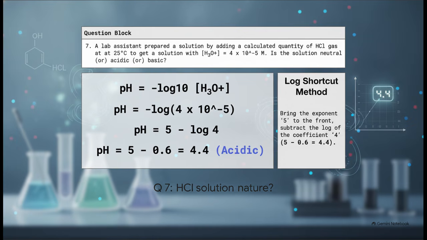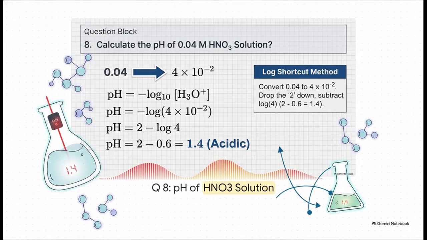Log shortcut method. Bring the exponent 5 to the front, subtract the log of the coefficient 4 to get 5 minus 0.6 equals 4.4.